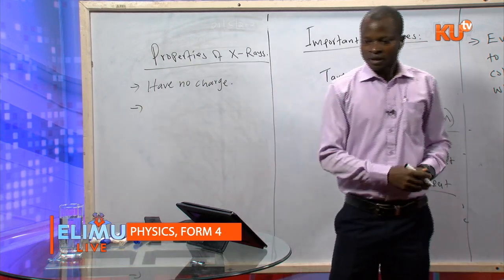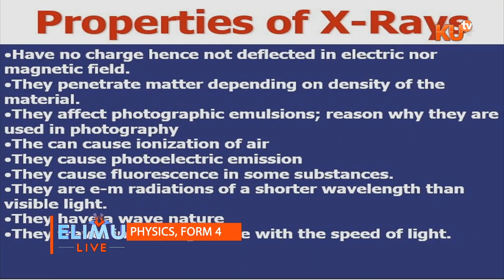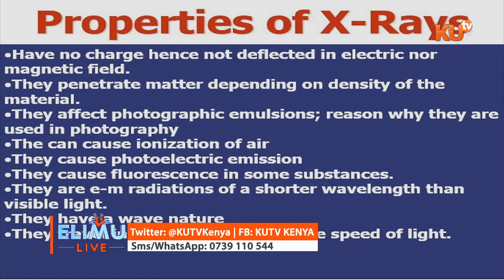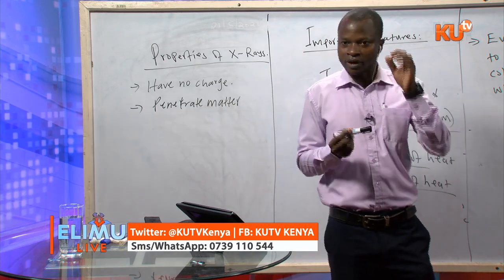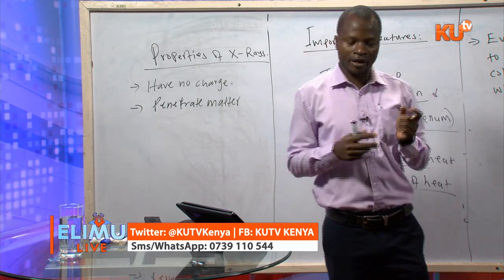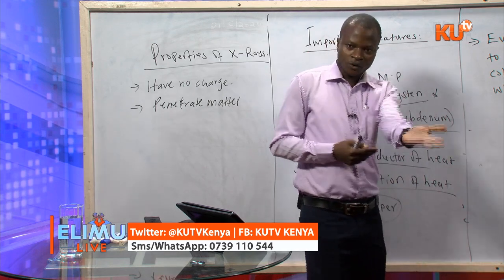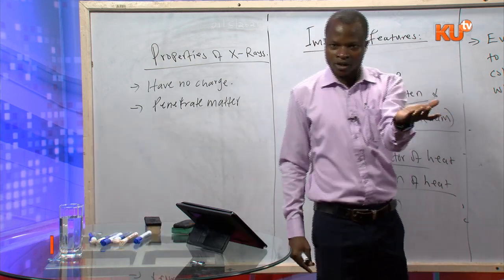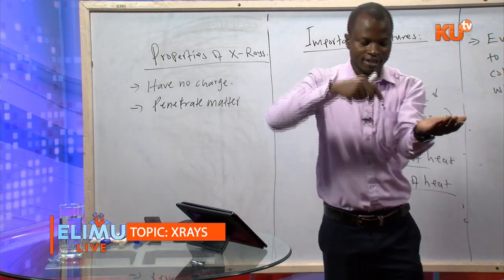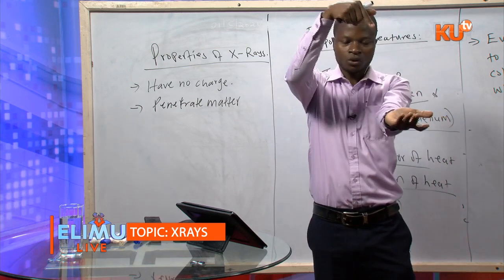Number two, X-rays penetrate matter. However, this depends on the density of the material. That's why the metal target cannot be any other thing. In an X-ray operation, whatever you place your hand or your leg on should be a material whose density is so high that the X-rays cannot penetrate, but they can penetrate through your flesh.